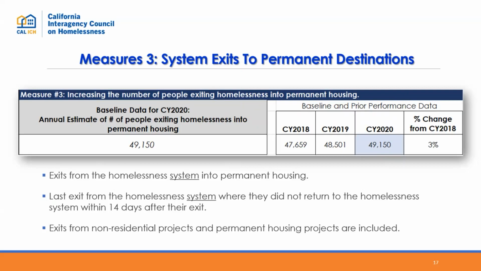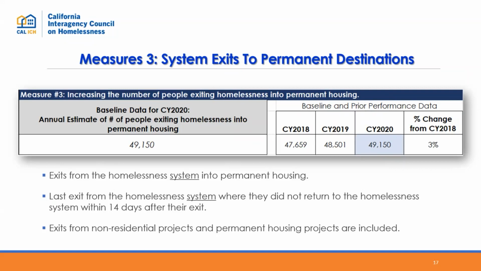This would be counted as a successful exit to a permanent destination in the Outcome Goal Performance Measure 3, but it would not be counted as a successful exit in the HUD SPM. However, their return would also be counted as a return to homelessness in Outcome Goal Performance Measure 5, which we will discuss later in this webinar.